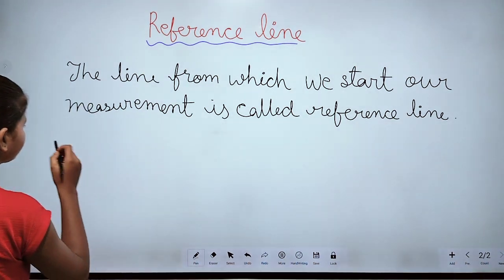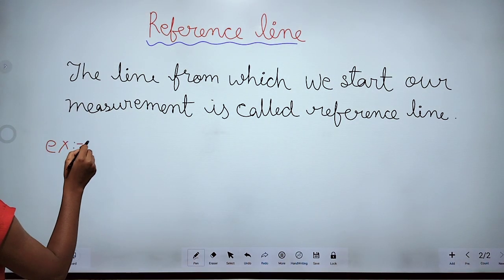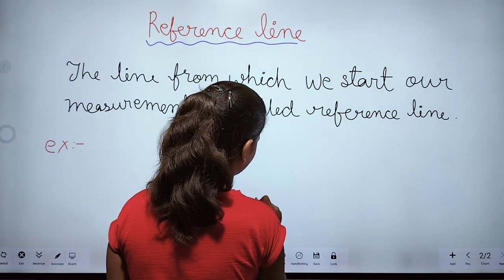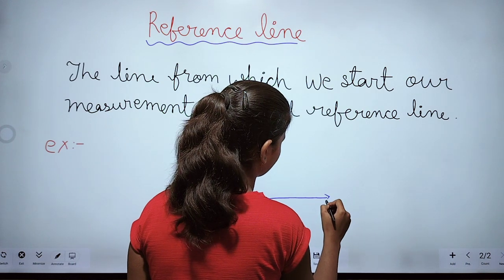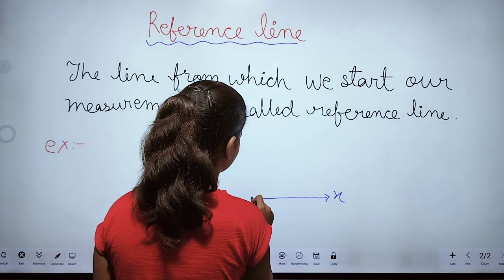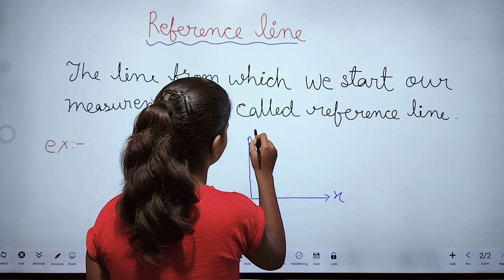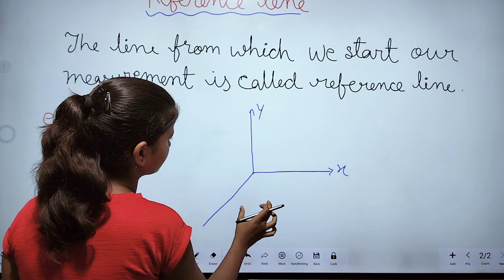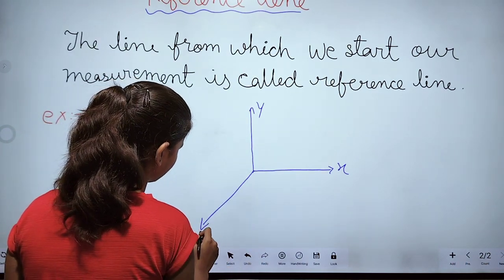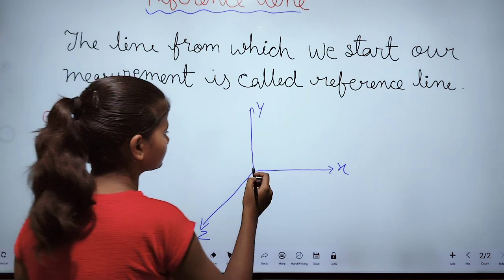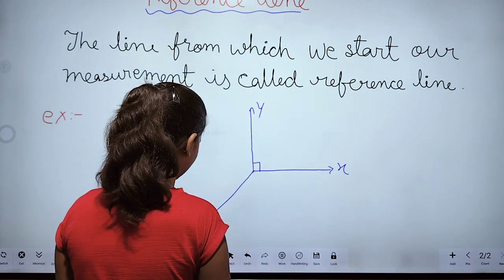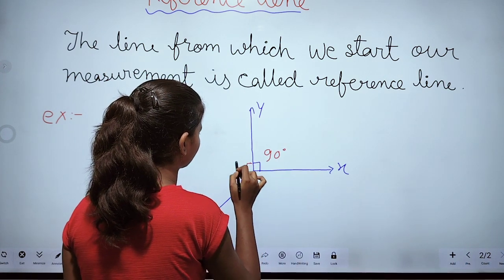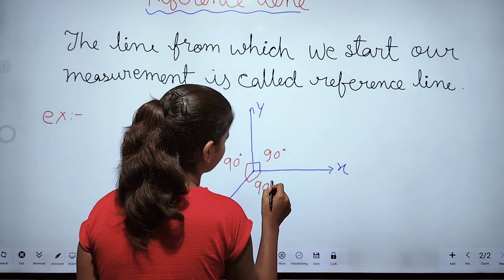Okay, for example, one is the x-axis, the y-axis, and this one is the z-axis. This angle is 90 degrees. This one is also 90 degrees.